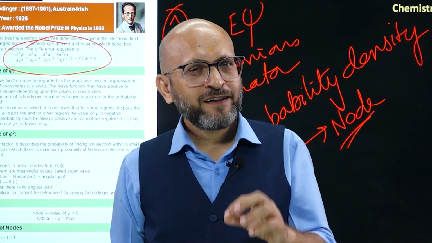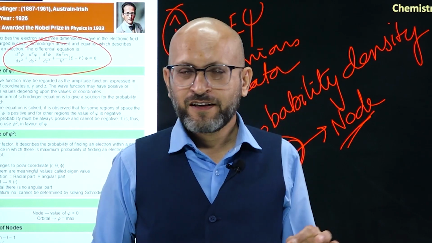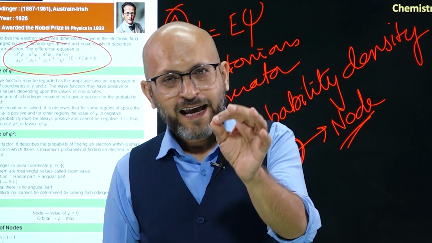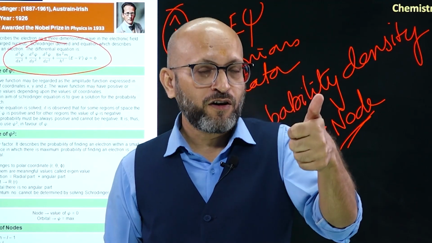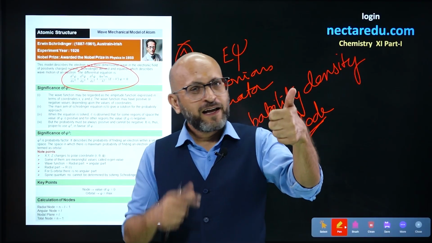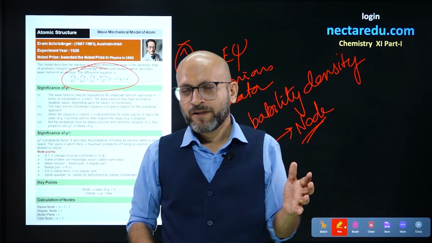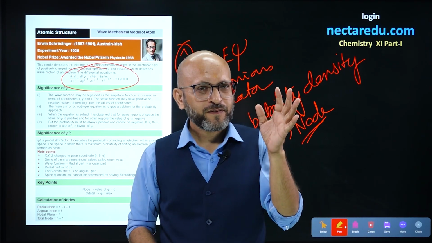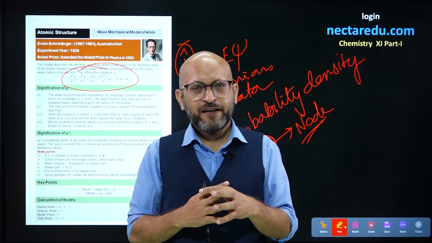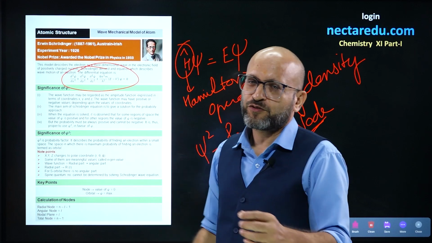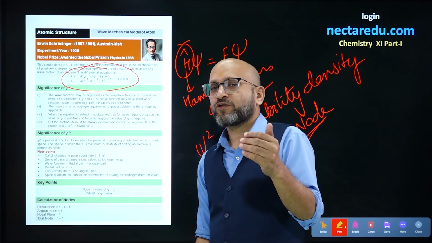If you want to calculate the number of radial nodes, use n minus l minus 1. What is n and what is l? n is the orbit number, and l is the subshell number, so you put the values over there; orbital is the same as subshell. So n minus l minus 1 equals radial nodes.